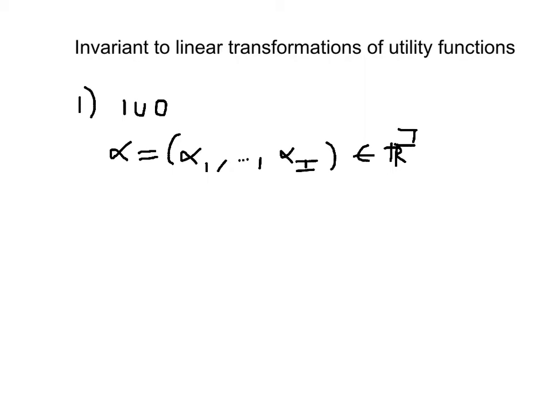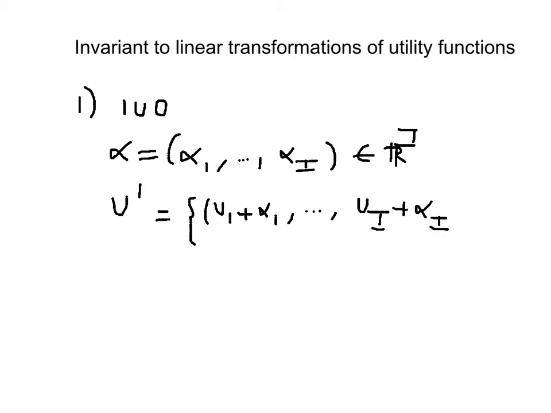And we can redefine U prime, which is the new utility possibility set where the utility of each party has been increased by some alpha. And this is being done for all utility vectors in our utility possibility set. So this is U prime. Well, the bargaining solution does not change.